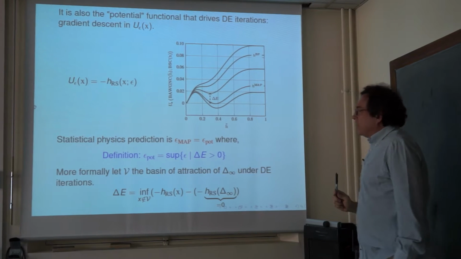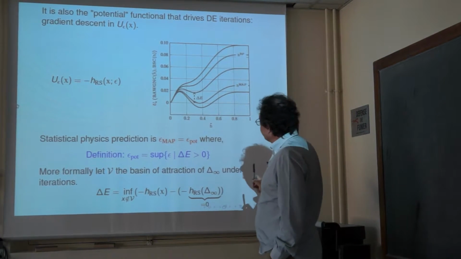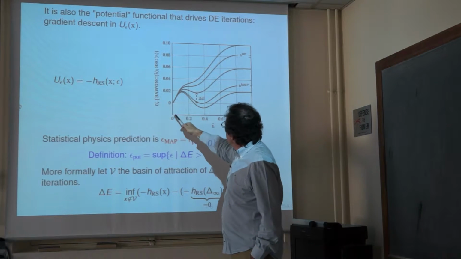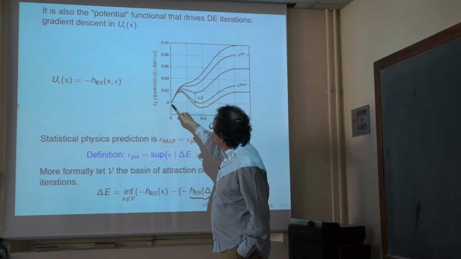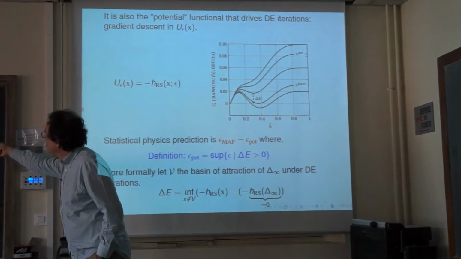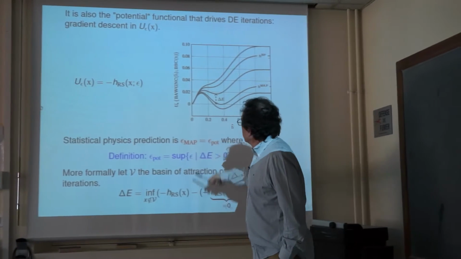Okay? So the statistical physics prediction is the following. Now, here you have the point where this little x is driven to 0, so your density is driven to delta infinity. Okay?